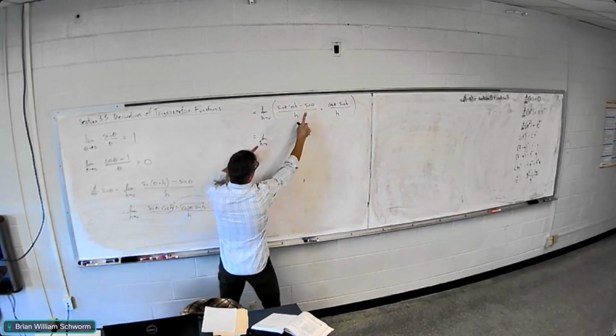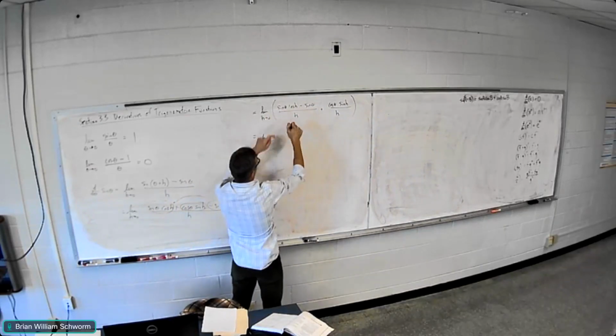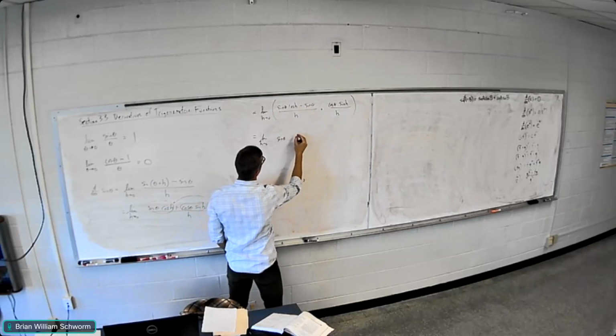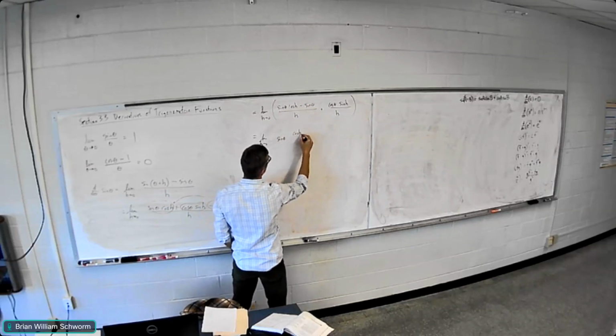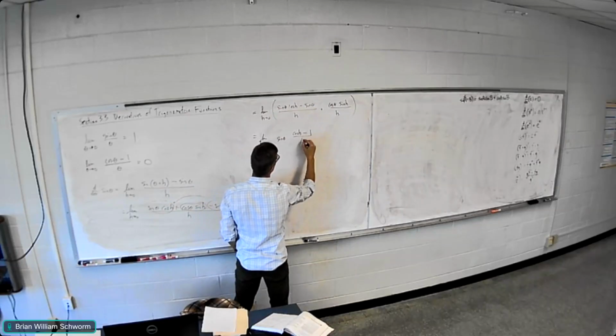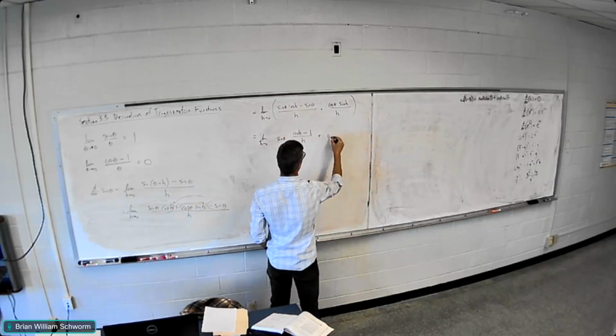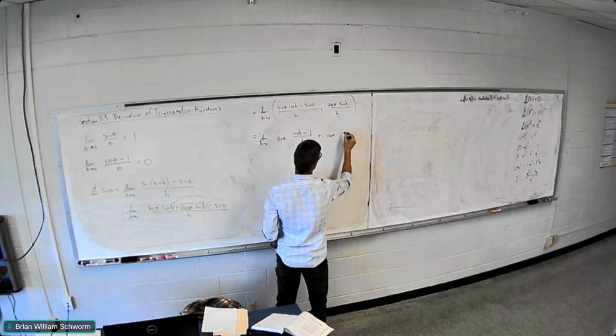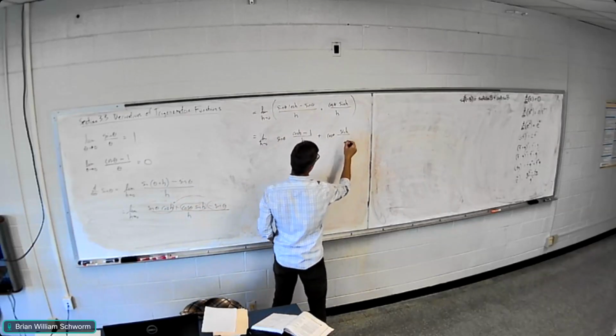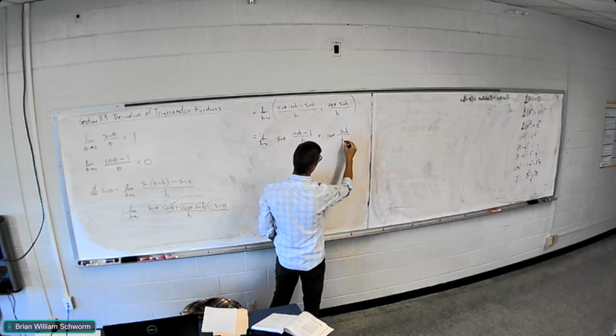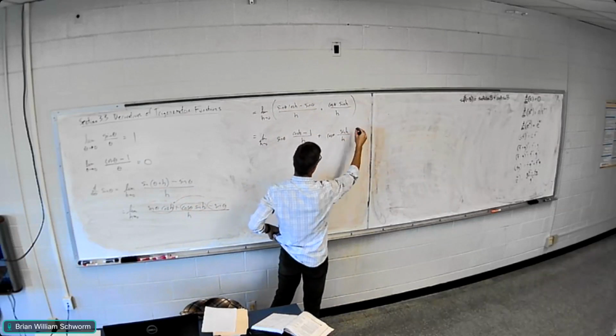H approaches 0. Both of these have a sine of theta, so I can factor it out. Sine of theta, cosine of h minus 1 over h, plus, I'm going to write this one a little bit differently, cosine of theta times the fraction, sine of h over h.